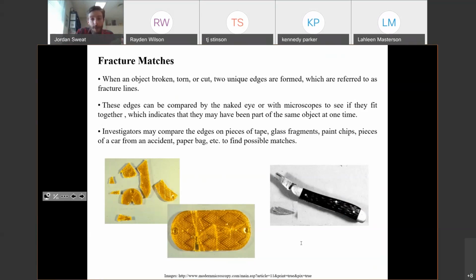For this example, we have a reflector. There's a knife where the tip was broken off. You could use a broken headlight. There are all kinds of things that we could use to identify. Maybe not so much the skeletal remains, but a vase, yeah, you most definitely could use a vase. Good point. Thank you for your input.